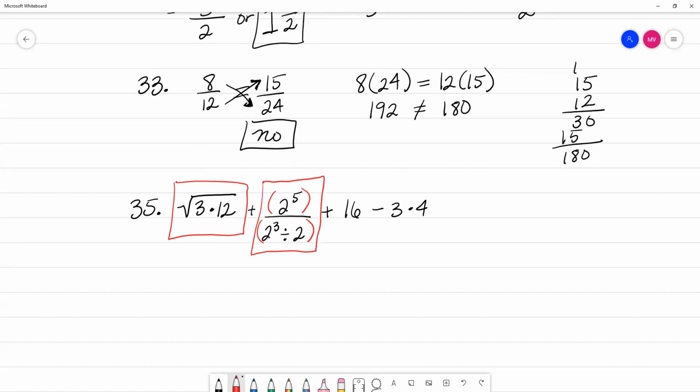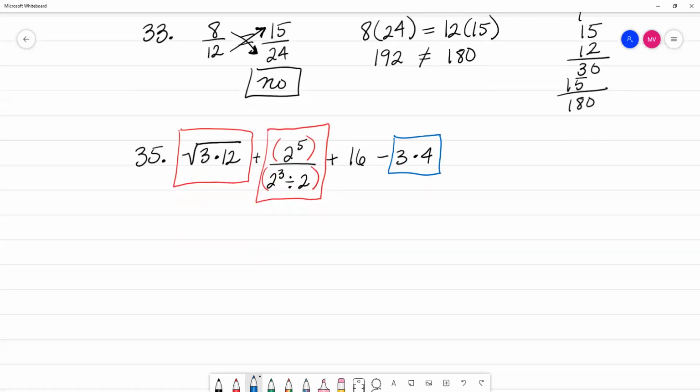And then you have the 16, and then, of course, 3 times 4, which can also be done independently of the subtraction. That would not work, because 12 doesn't go into 3, that would give you a decimal. You did 12 divided into 3, so you did it backwards.